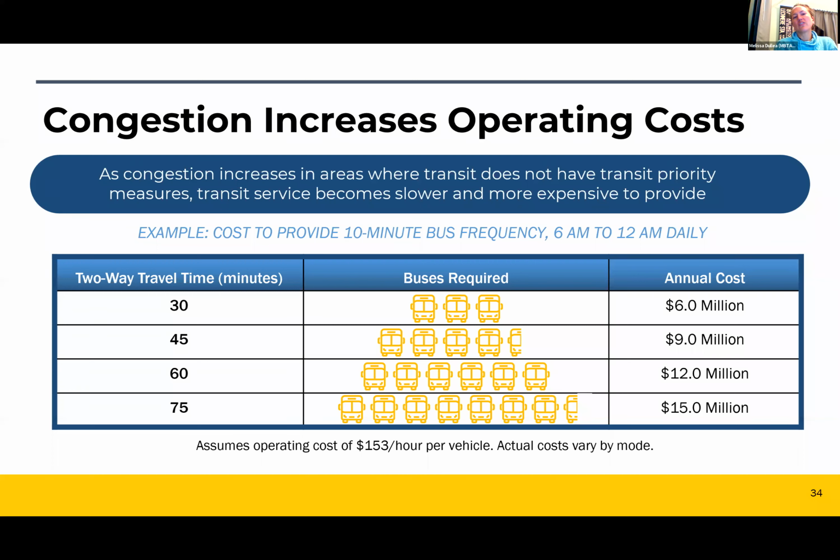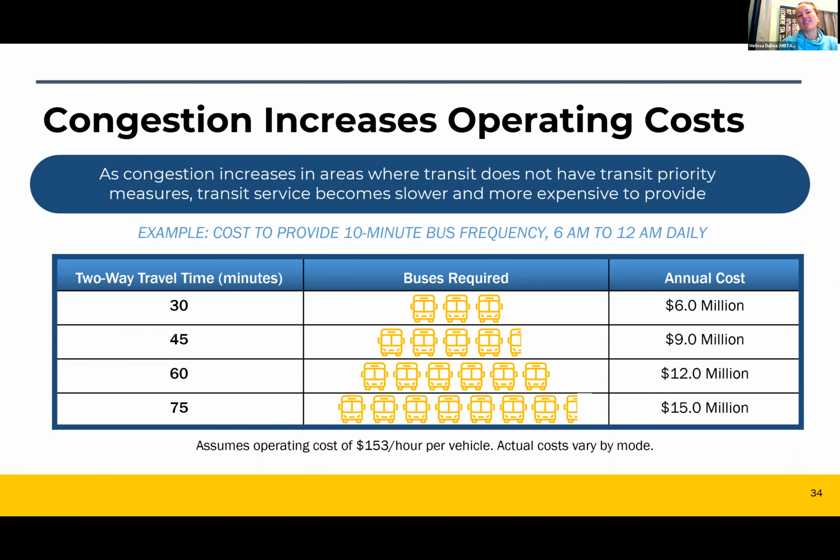If it took 30 minutes to do that round trip, imagine that takes about 3 buses at peak, and that would be $6 million. But if congestion was gradually getting worse every year, which when I started here in 2000, 20 years ago, was definitely the case, as the region grows, roadways become more congested, and those travel times just slowly increase every year.